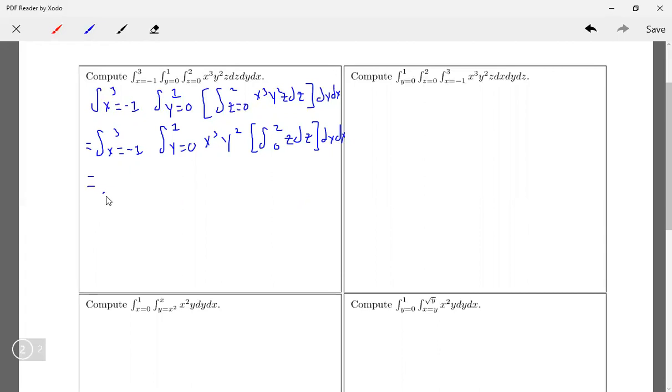Okay, now what is this? This is the integral x equals -1 to 3, the integral y equals 0 to 1. I'll write the x cubed y squared.